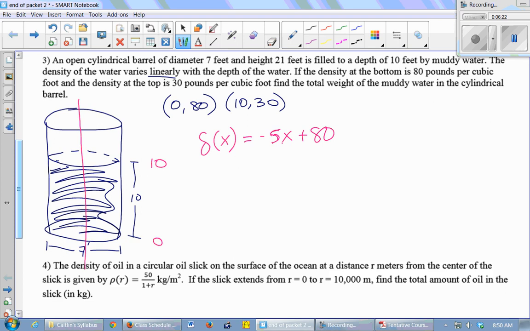All right, so what I'm going to do is calculate my weight, in pounds, of one random slice. I'm going to pick one slice, maybe right here. It's a terrible picture.